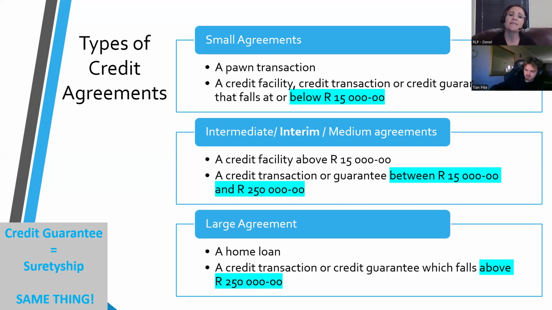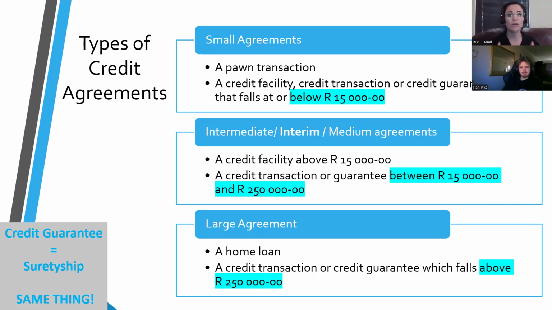Because in the exam, they don't give you the sentences in terms of, you know, a pawn transaction, a credit facility, etc. They only ask you, under the National Credit Act, what will be considered a small type of agreement? And as long as you can identify at or below 15,000, you will be able to answer. So usually they give you at or below 10,000, at or below 12,000, at or below 15,000.